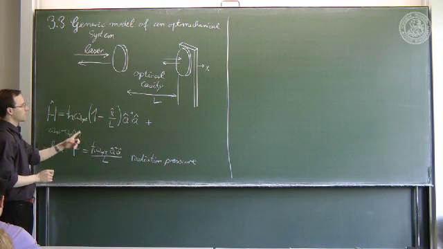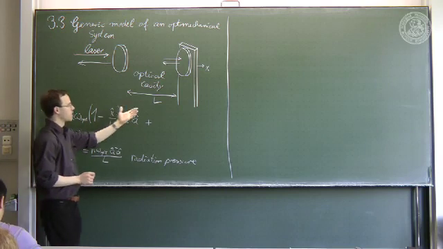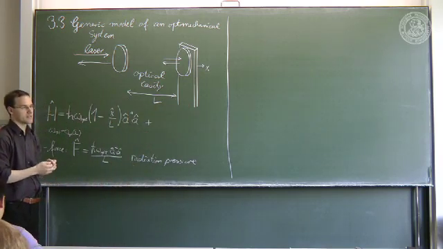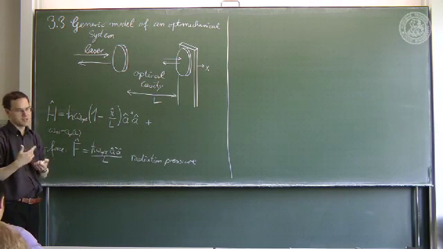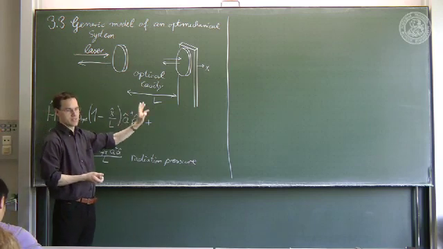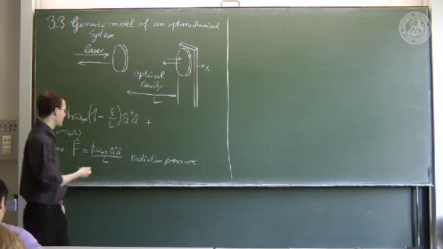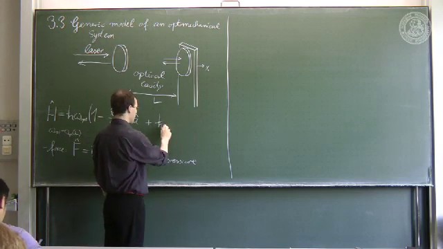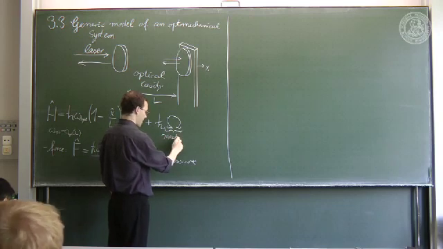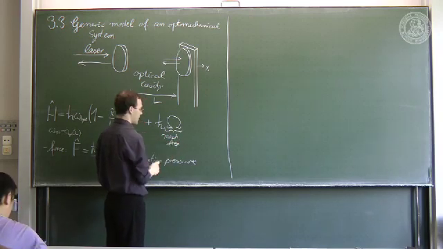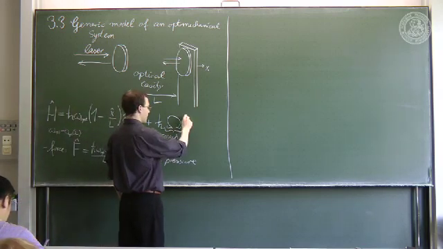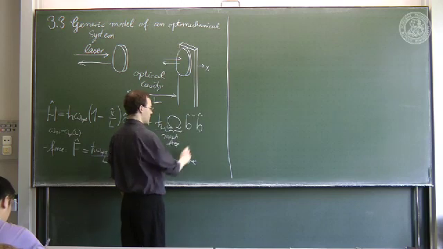Now, apart from that, we have to describe the other component of the system, which is the mechanical component, the cantilever. And here the idea is that at least if the displacements are small, it certainly can be described as a harmonic oscillator. In fact, for all of the systems I know, this is an extremely good approximation. And so you would write down h bar times omega, the mechanical frequency, times the number of phonons, the mechanical excitations, and for those, let's use the operators b.